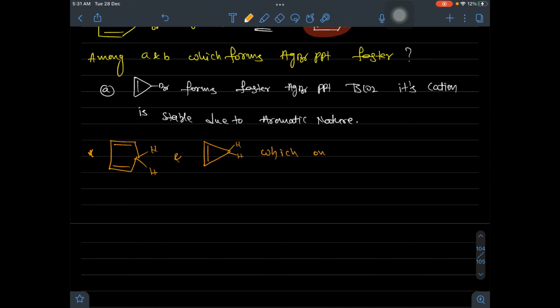Which one, having alpha hydrogens, is more acidic? These are the alpha hydrogens; which is more acidic?